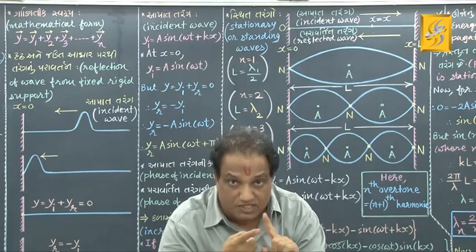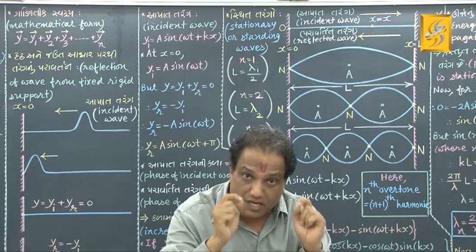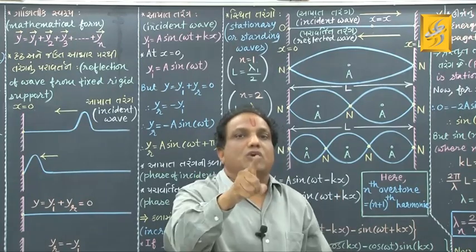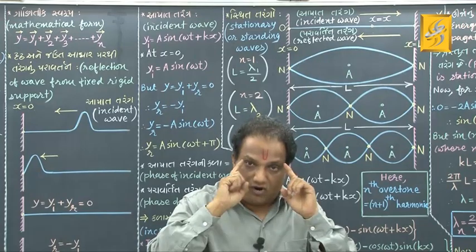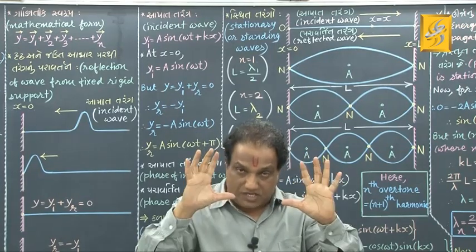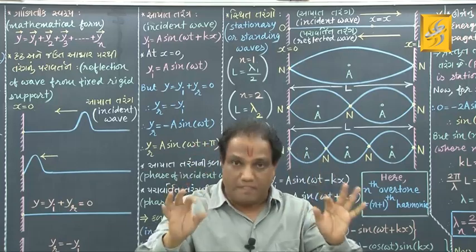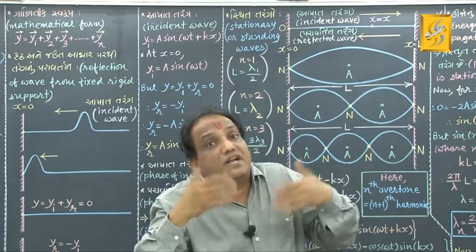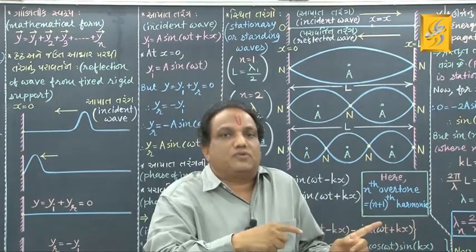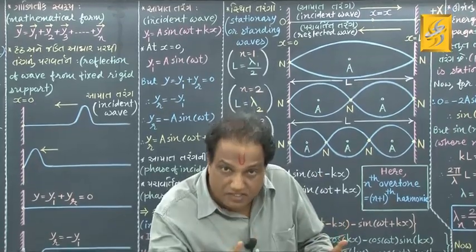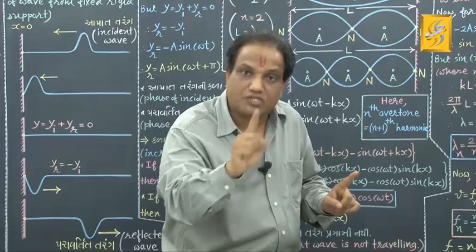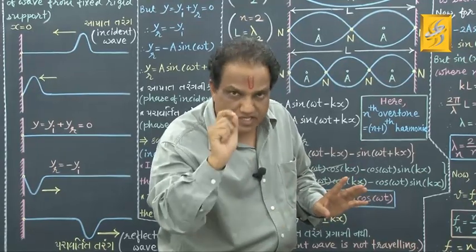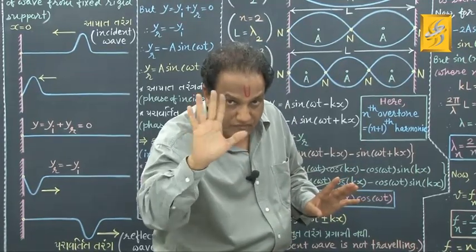Because such resultant waves produce stationary patterns in the medium, we call these waves stationary waves. And in front of our eyes, we find them stationary as if they are standing. That's why we call them standing waves. So such waves, because they produce stationary patterns in the medium, are called stationary waves or standing waves. The exact definition we will give later on.